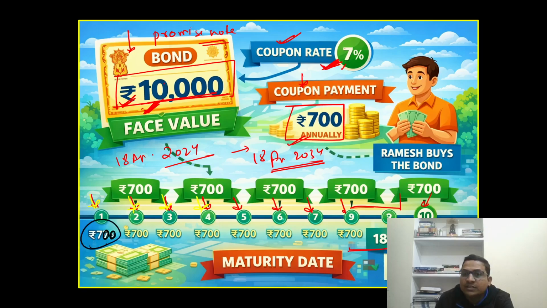In all these cases, the first year's 700 will have more value than the second year's 700, and the second year's 700 will have more value than the third year's 700.